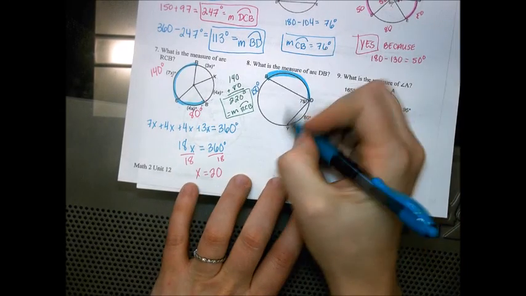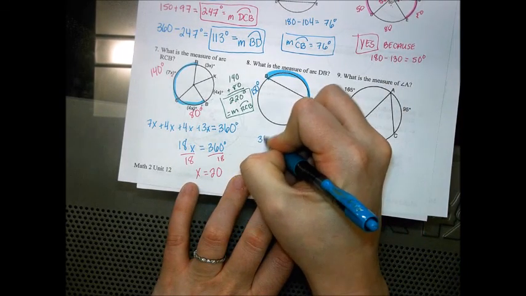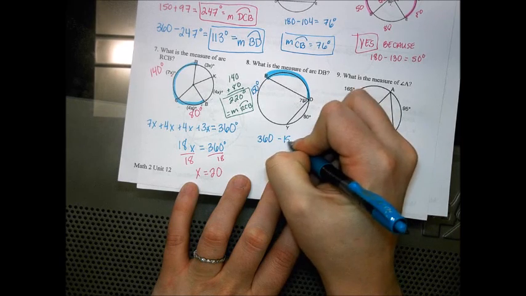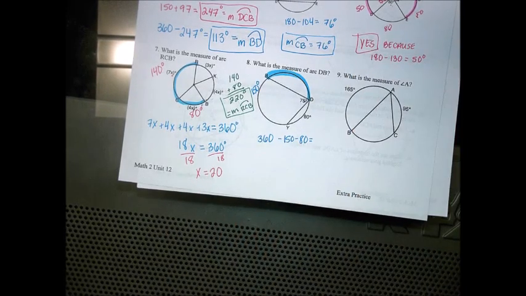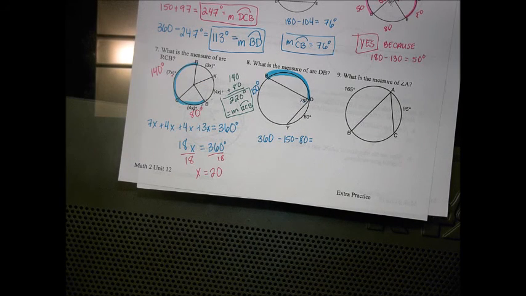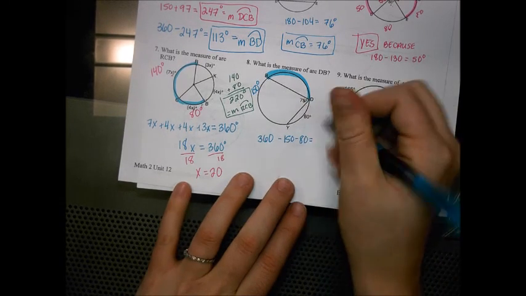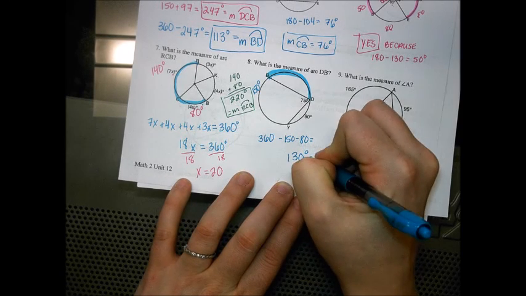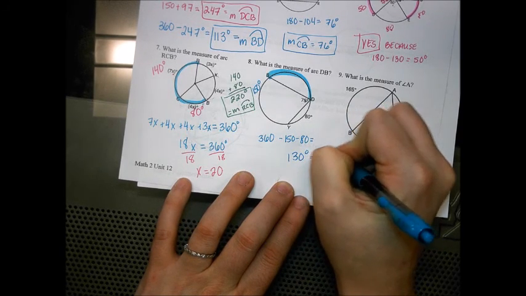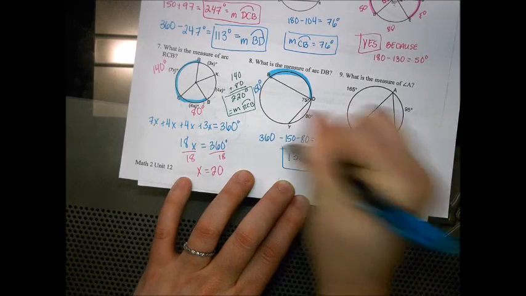And then I could add those together and subtract from 360, or do 360 minus 150 minus 80 to get my leftover angle. 360 minus 150 minus 80 equals 130 degrees, which is equal to the measure of arc BD, or DB. Either way is fine.